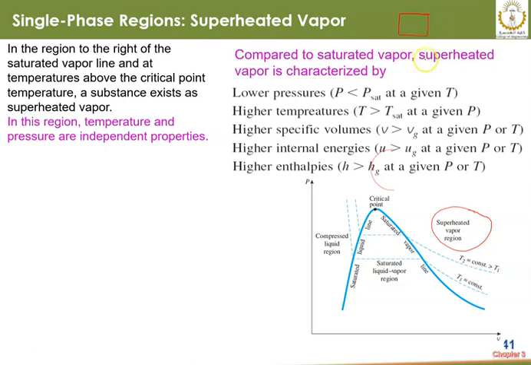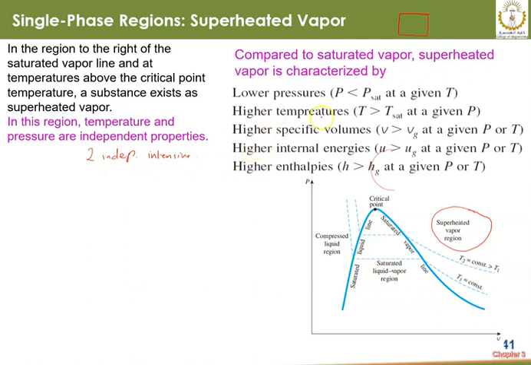To define a state, we need two independent properties, and these independent properties will have to be intensive properties. So all we need are two independent and intensive properties, and there are different possibilities.